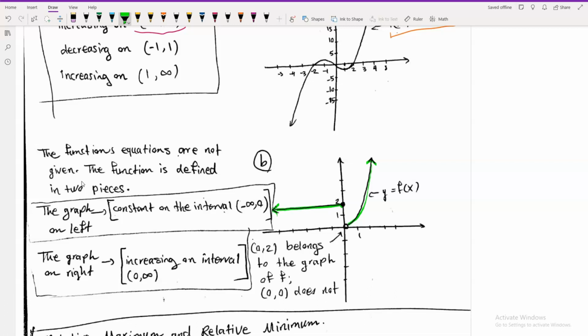Based on these two, on this part our graph is constant. So it's constant on the interval negative infinity, comma 0. So on this part we have negative infinity up to this point, which is 0.